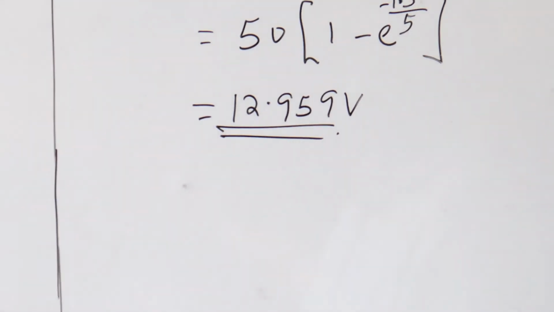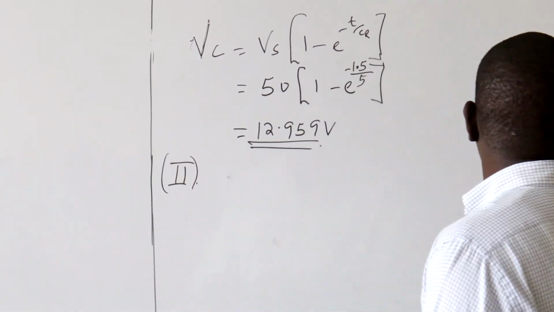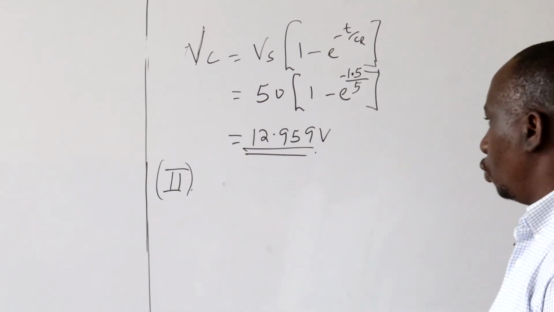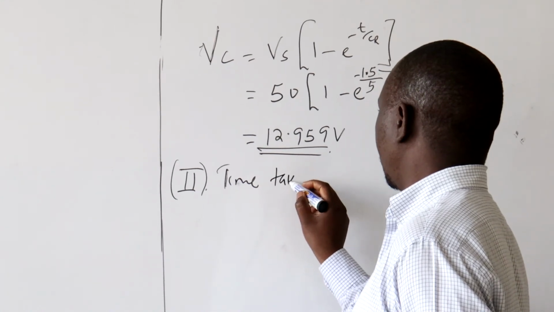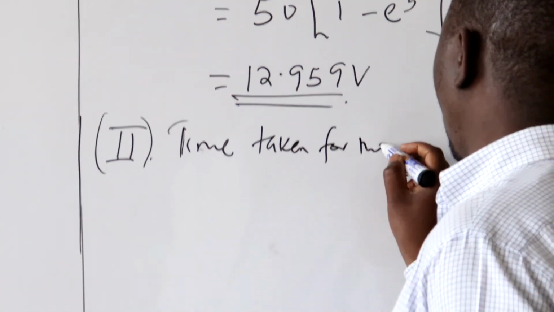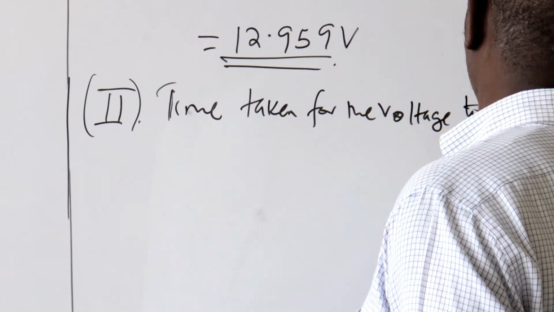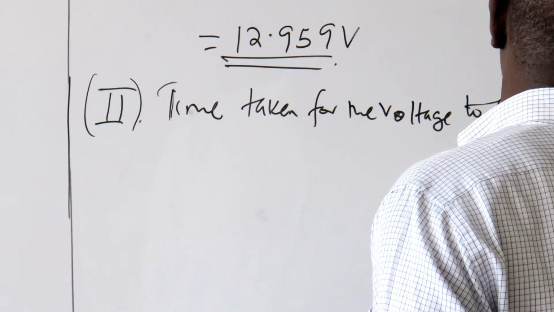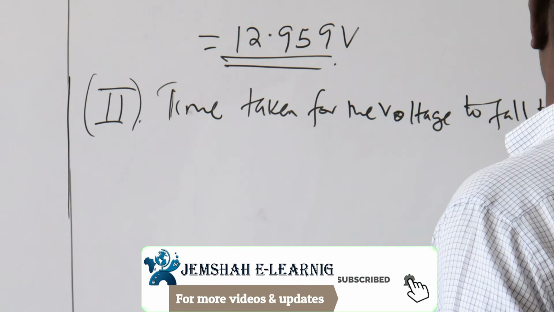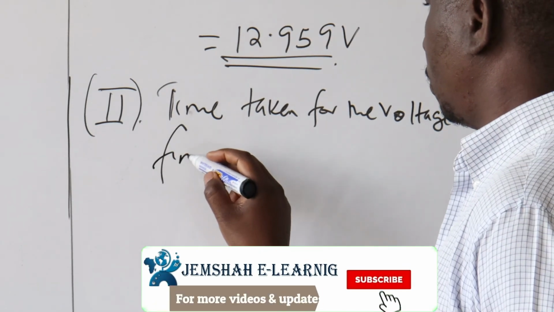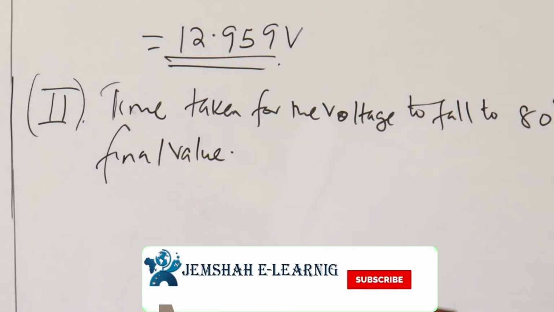And now part 2 of the question: the time taken for the voltage to fall to 80% of the final value. The first thing, you get 80% of the final value.